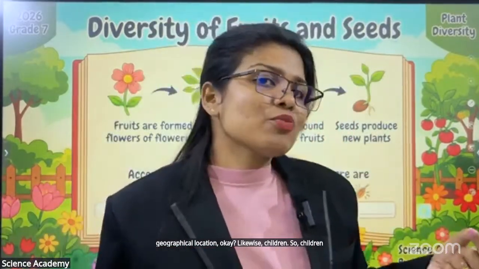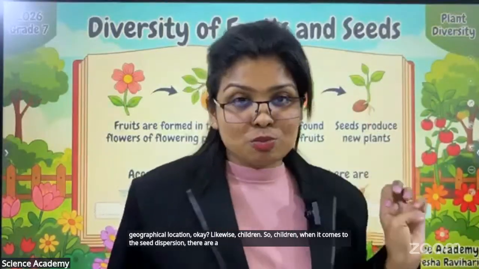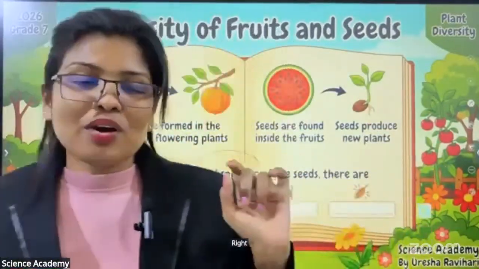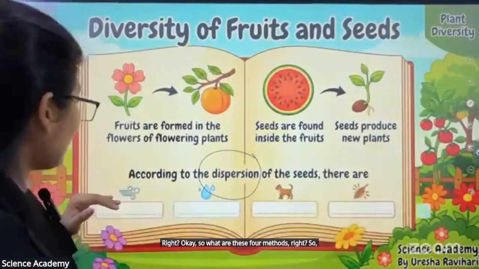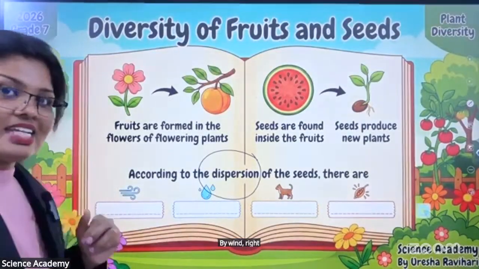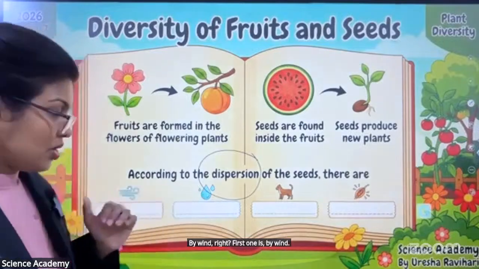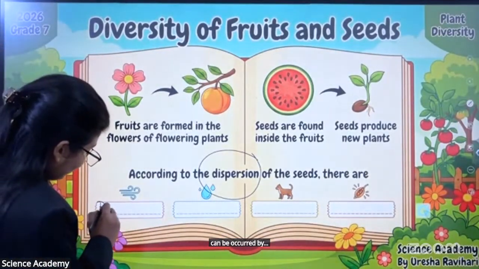Okay, likewise children, when it comes to seed dispersion, there are 4 methods of seed dispersion, right? So what are these 4 methods? The first one is by wind. Seed dispersion can occur by wind, okay?